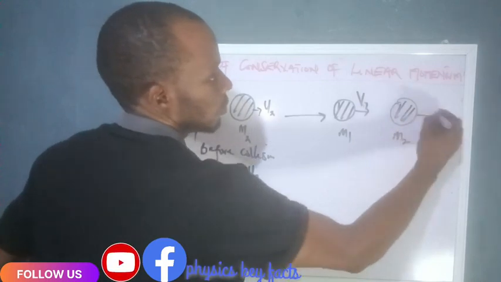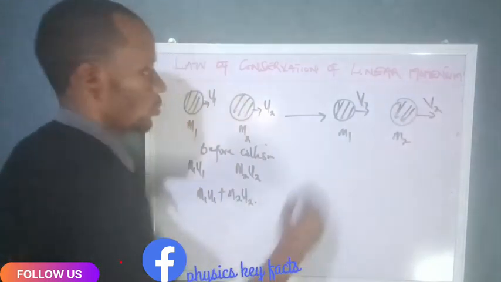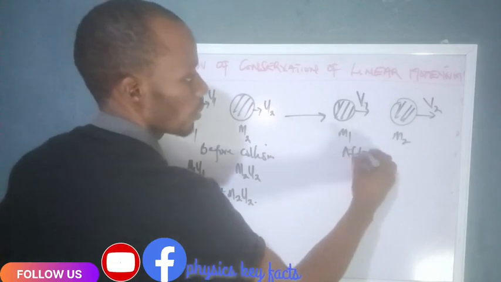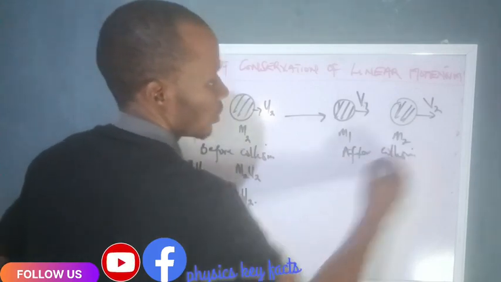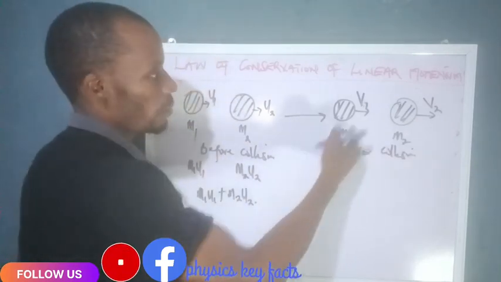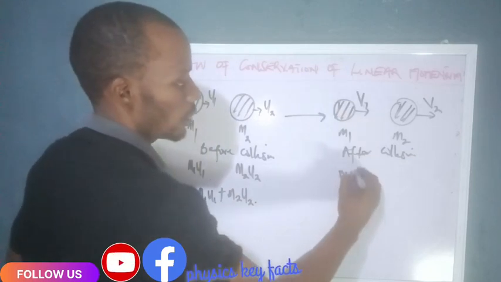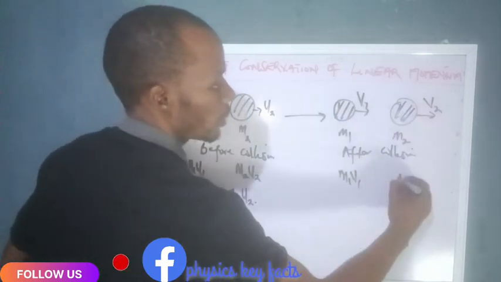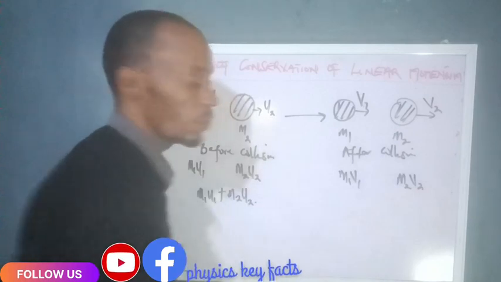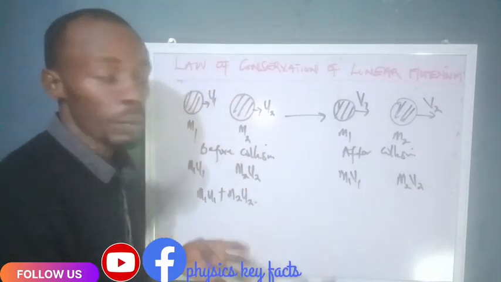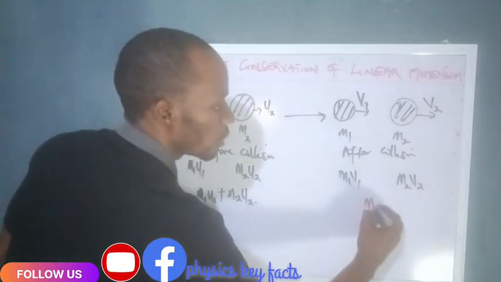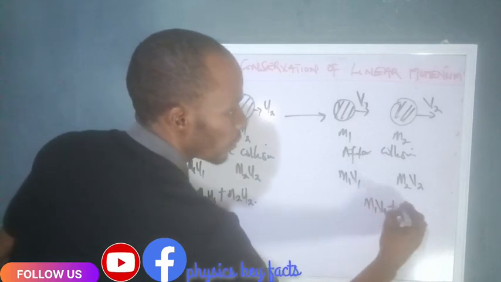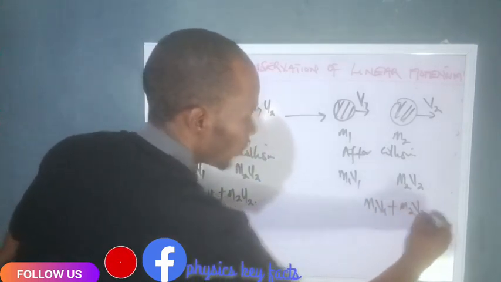So m2 and v2. So this is after collision. My momentum here is m1 v1. My momentum here is m2 v2. So what is the total momentum after collision? It is m1 v1 plus m2 v2.